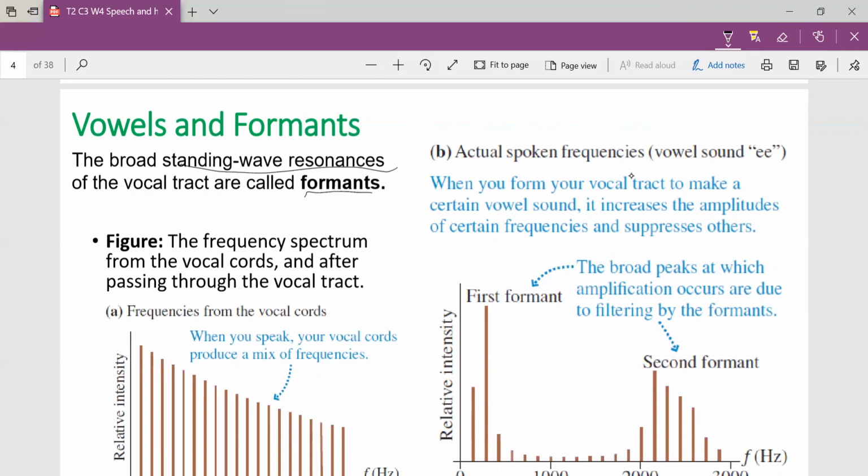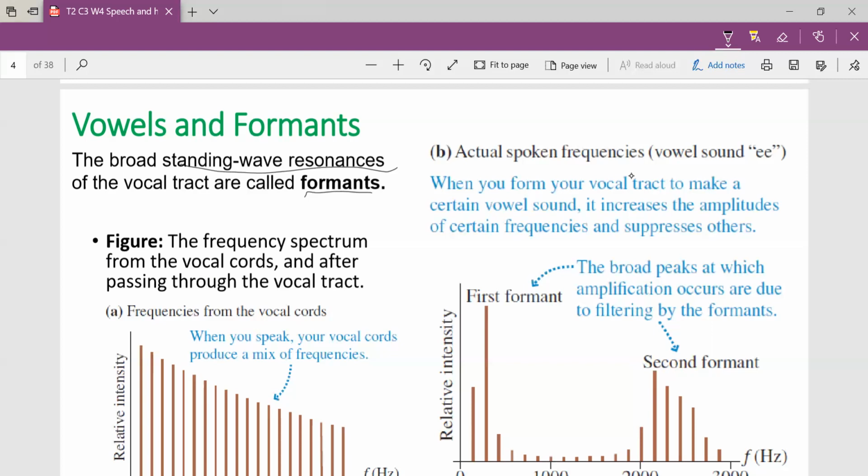Okay, if you're speaking at the same frequency or mixture of frequency, the same pitch, you kind of hear a different sound when you close your nose, close your ears to talk. So what we call formant is actually the broad standing wave resonance from your vocal tract.